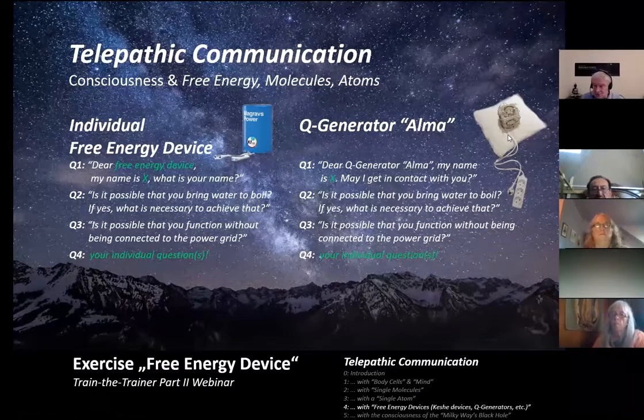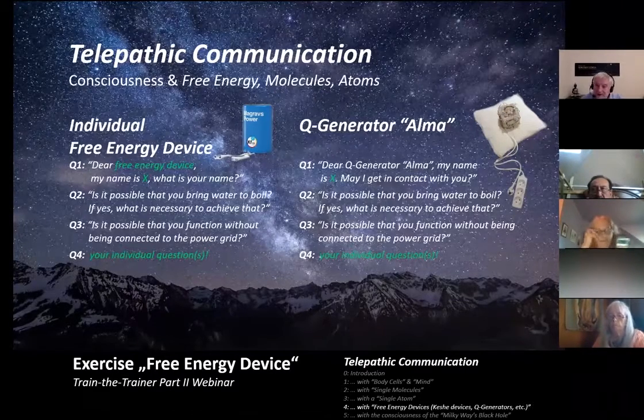And I can tell you, Alma, that is the name of that Q generator, was asked whether Alma would agree to participate. And if you connect to Alma, you will receive that special emotion about participating in this exercise.